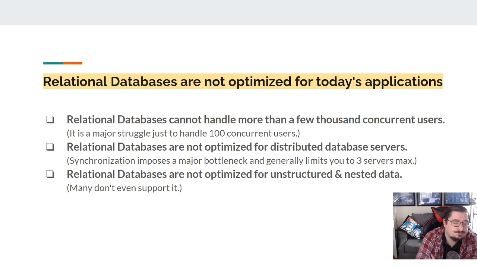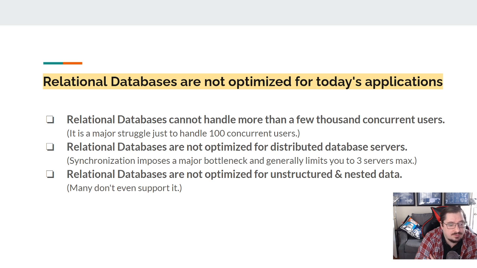Does that follow? Yeah. So that means, hey, if I'm going to build Netflix, right? There's no way I'm going to build that with a relational database. It's impossible, right? Or if I'm going to build Facebook, there's no way I can build that with relational databases, because the synchronization and the number of users I need to have on at the same time is just way above what they were ever designed to handle.